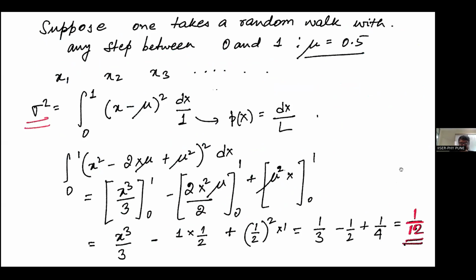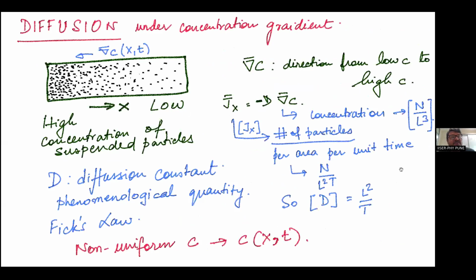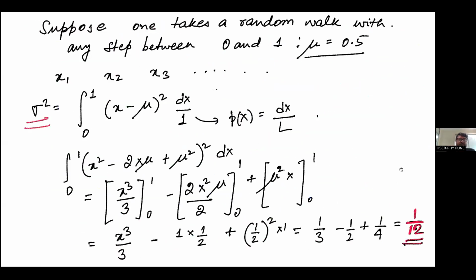Okay, so before going to diffusion, I want to talk a bit more. Just to give an example, suppose you have a random walk. Previously you had a random walk with only +1 or -1. But suppose you have a random walk where each step is any number between 0 and 1.